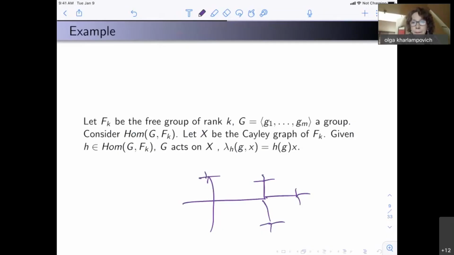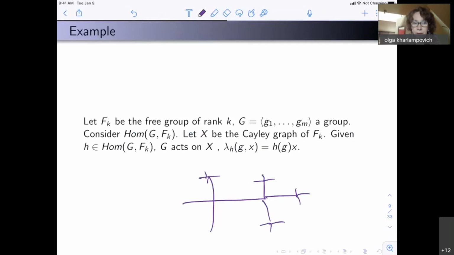Now take some finitely generated group G, and consider homomorphisms from this group into F_k.